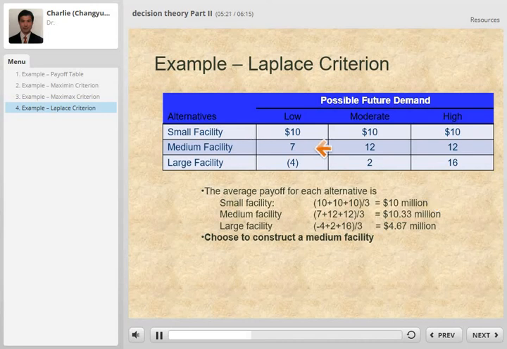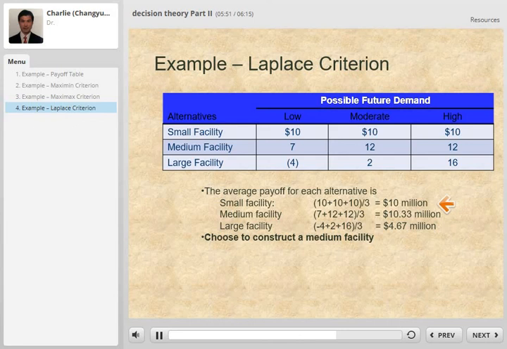For medium facility, we take the average of these 3 as well, calculated as 7 plus 12 plus 12 divided by 3, which is $10.33 million. We can also do the same thing for larger facility. We take the average of these 3, and the average is $4.67 million.